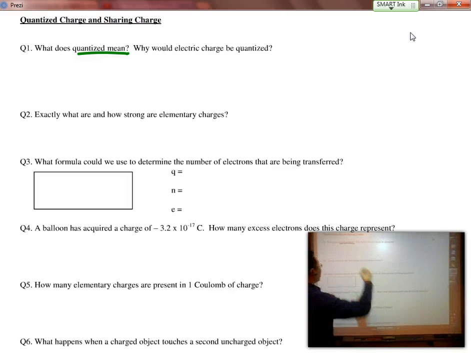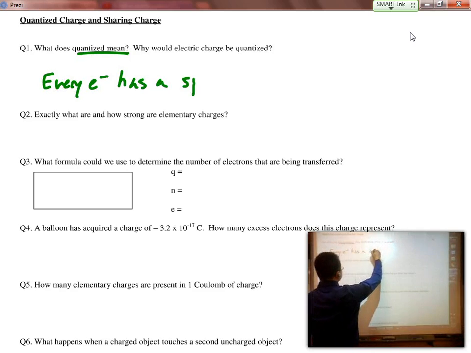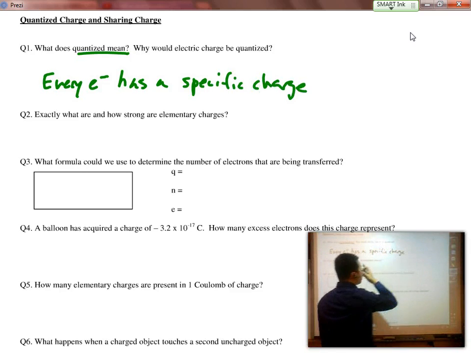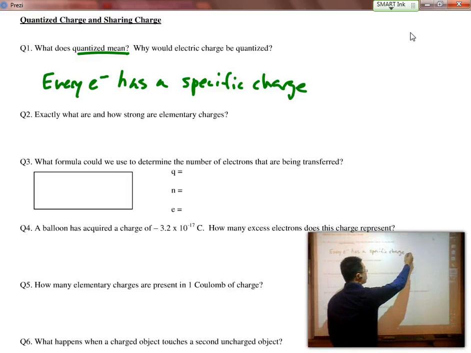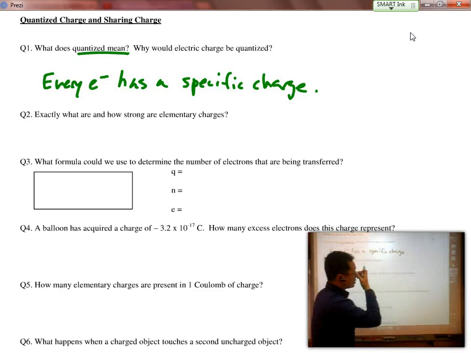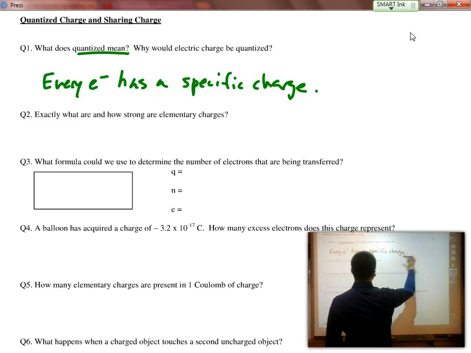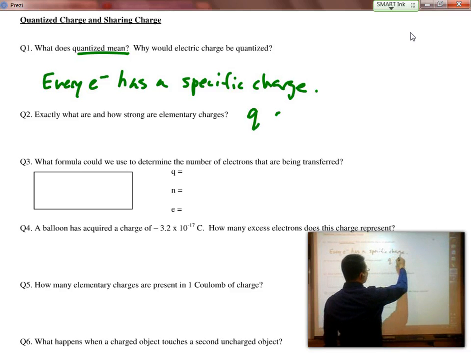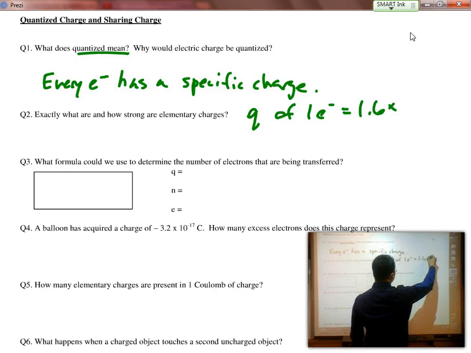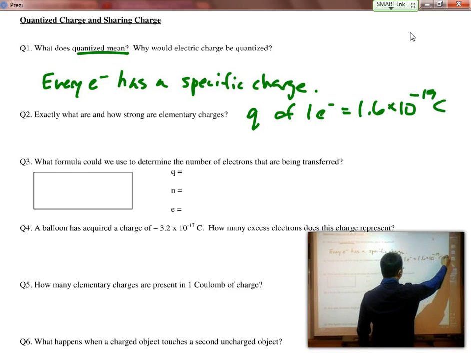You see, every electron has a specific charge, okay? And Robert Millikan had quantized the charge of one electron, Q, which represents charge, as equal to 1.6 times 10 to the negative 19 coulombs.